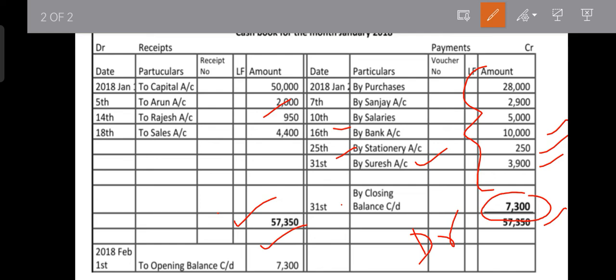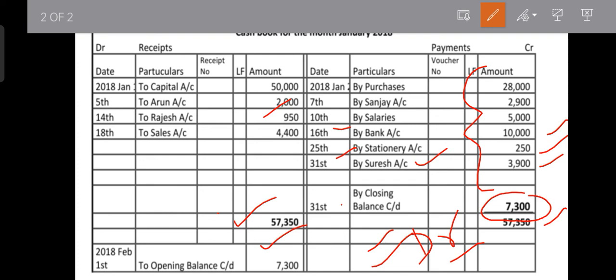And the same continues. On the receipt side, all types of receipts received from anybody, any amount, any purpose, and any period, record on the receipt side. And any payment made for any party, for any purpose, for any period, whatever the amount size, you are going to write under the credit side or payment side.